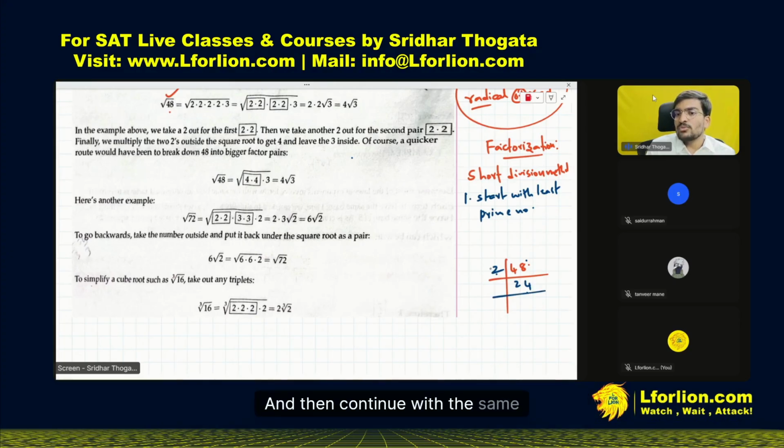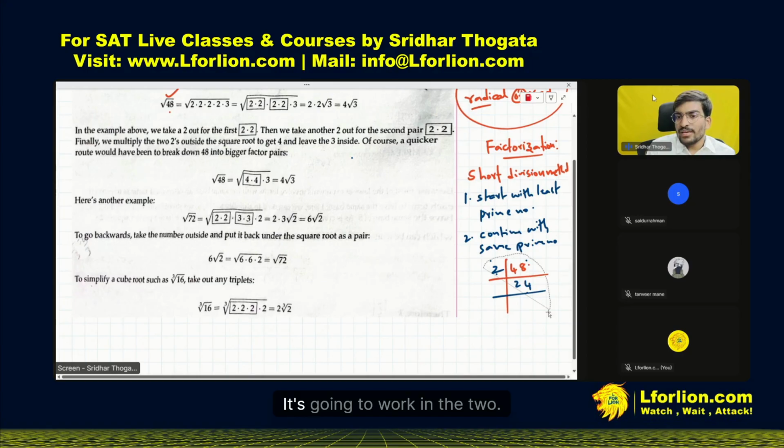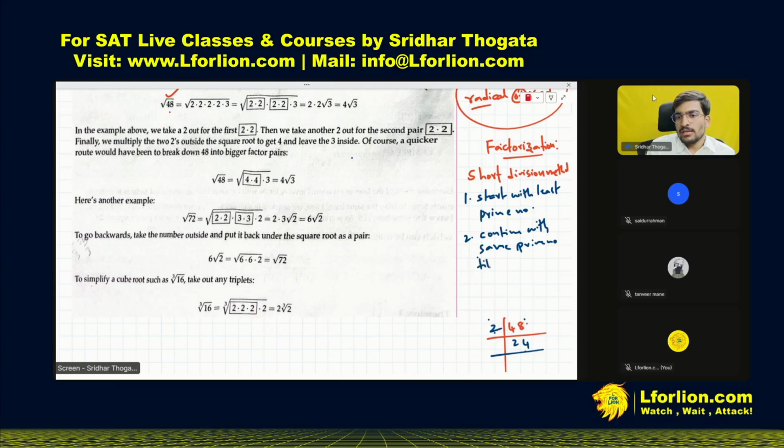And then continue with the same prime number till it breaks. Like 24 is an even number, it's going to work with 2. So continue with the same prime number till it doesn't work.